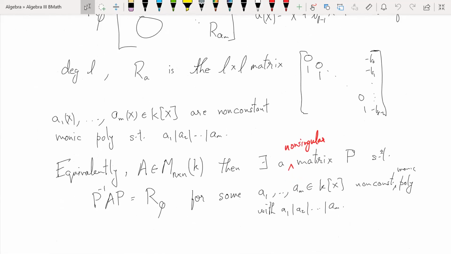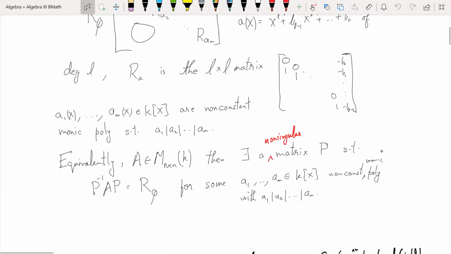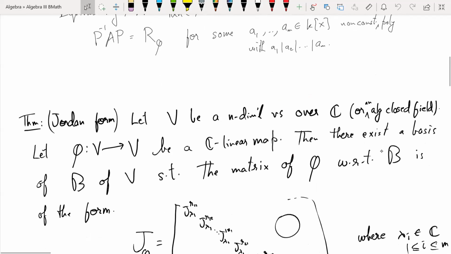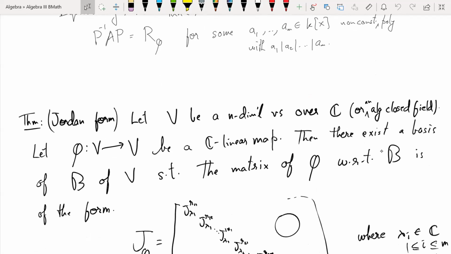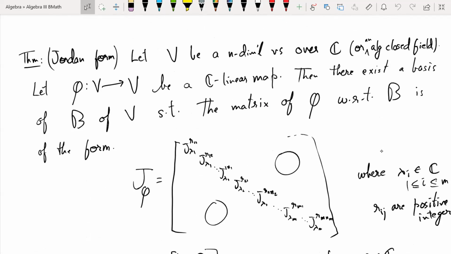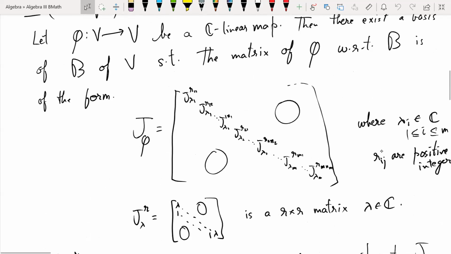And there was this equivalent version with respect to matrices. Then there is a similar Jordan form, and for that, you want the base field to be the complex numbers. Then if you are given a linear map, you can again transform it in this particular form.